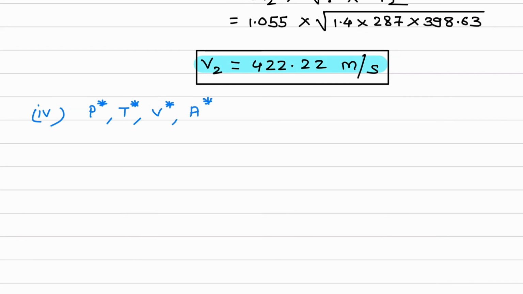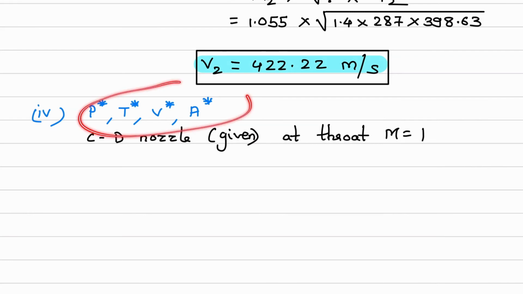Since it is given a CD nozzle in the question, at throat Mach number is equal to 1 and all the properties are critical properties. That is why I have used the suffix star.